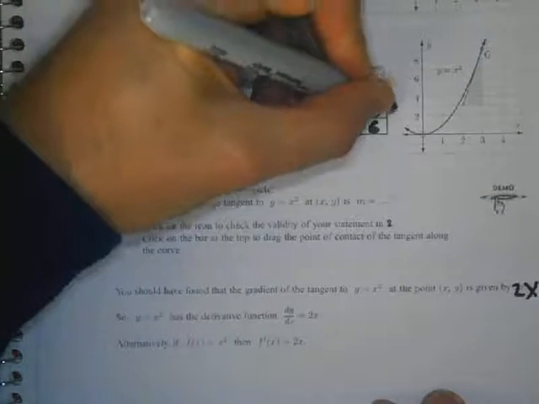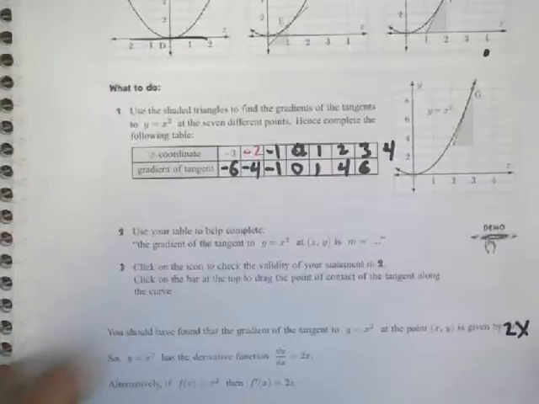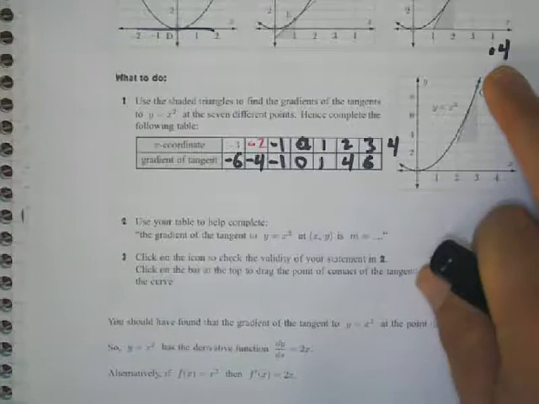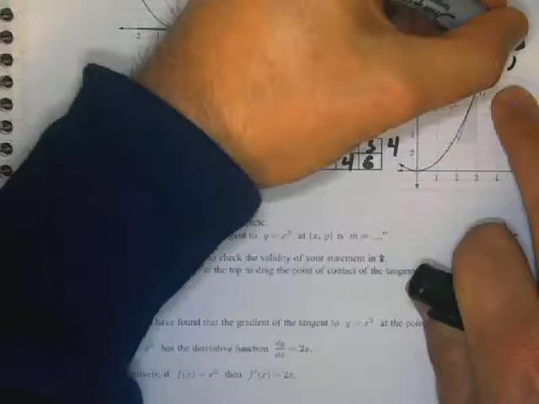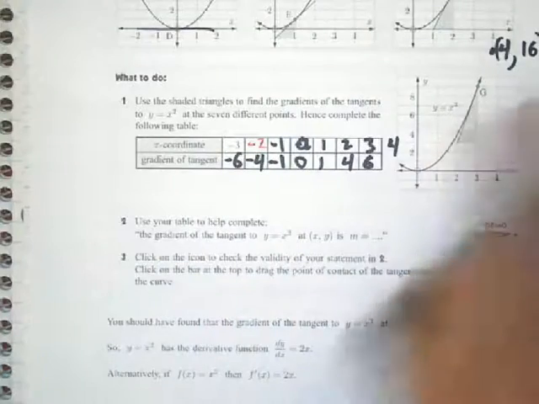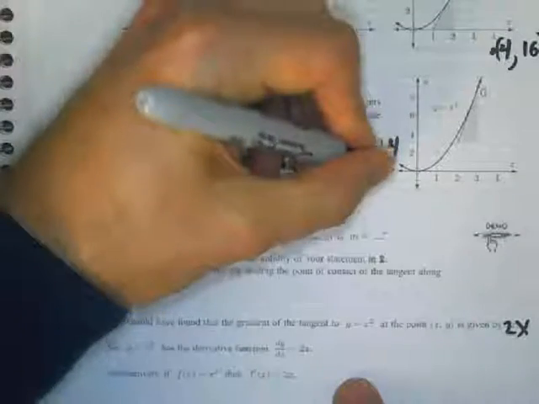So if I had a point somewhere up here, and if x is 4, then the y value would be what? 4 squared is 16, right? And guess what that slope would be? 4 times 2, which is 8.